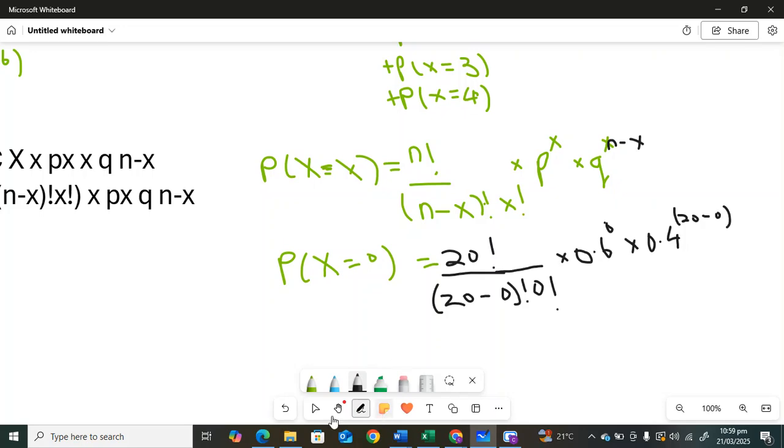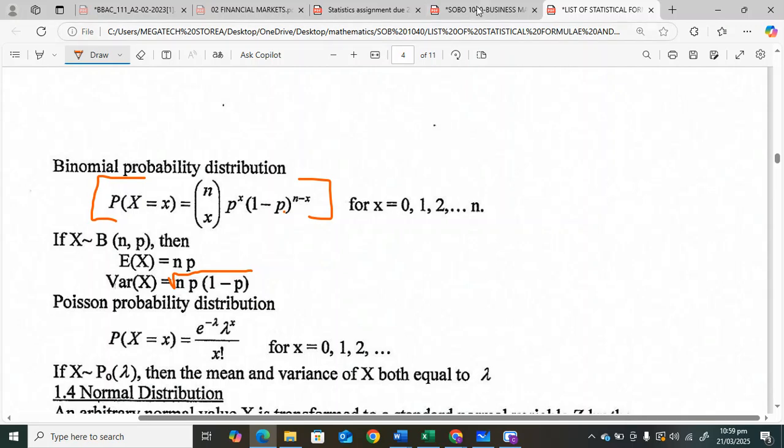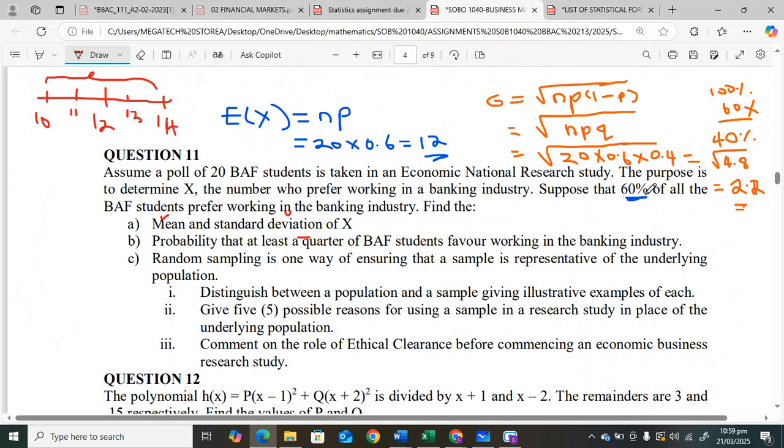Okay, in the question, it told us that 60% of all the above students prefer working in the banking industry. So in this question, you're testing 20 students. It's a binomial experiment. And there are only two outcomes in this experiment.